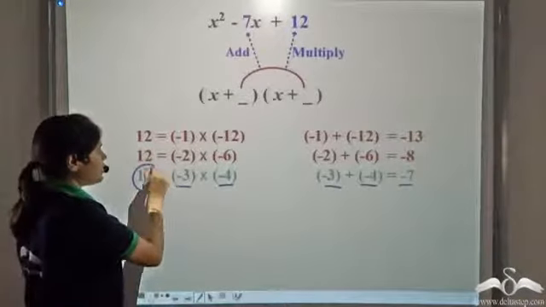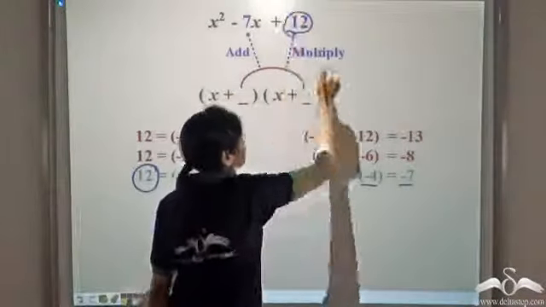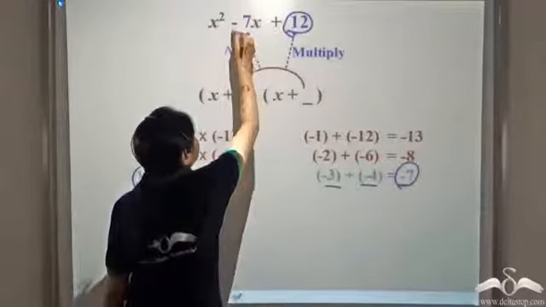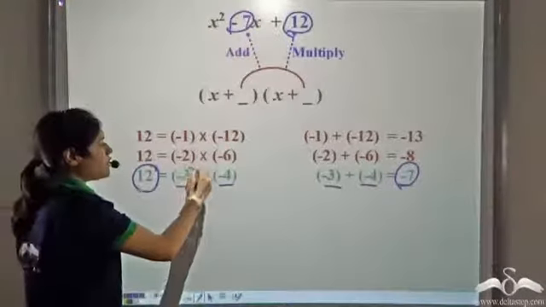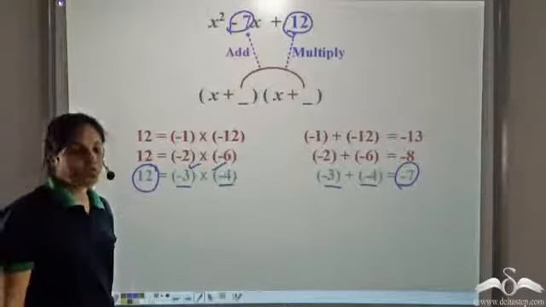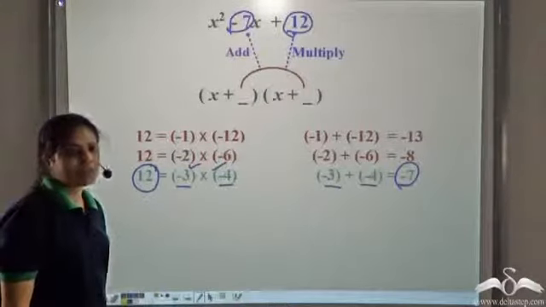So we have a 12 here, we have a 12 here, we have negative 7, we have negative 7. So we have got our numbers as negative 3 and negative 4. These are the two required numbers.